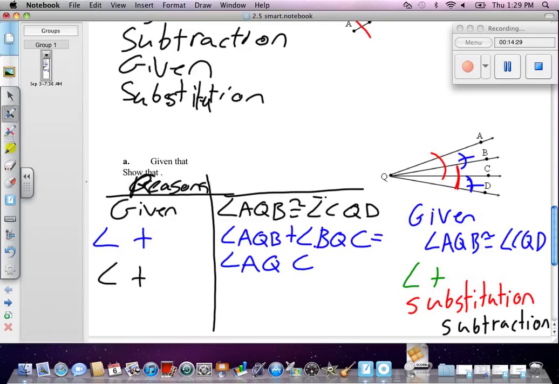And then I'm going to do another angle addition, but I'm going to put angle CQD plus angle CQB equals angle BQD.